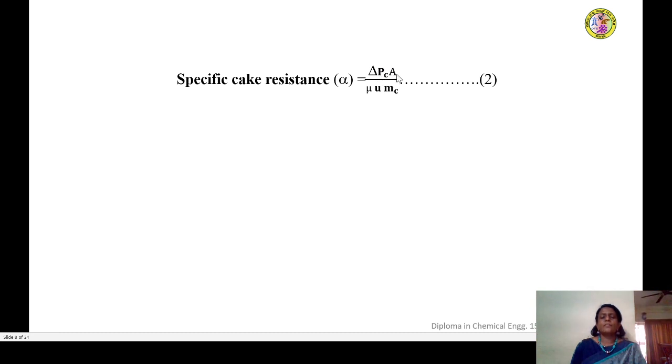A is the area of the filtering surface in the direction perpendicular to the flow of filtrate. Mu is the viscosity of the filtrate, U is the linear velocity of the filtrate, MC is the amount of solids present in the cake. Let this equation be equation number 2. The first equation is the equation of pressure drop: delta P equals delta PC plus delta PM.